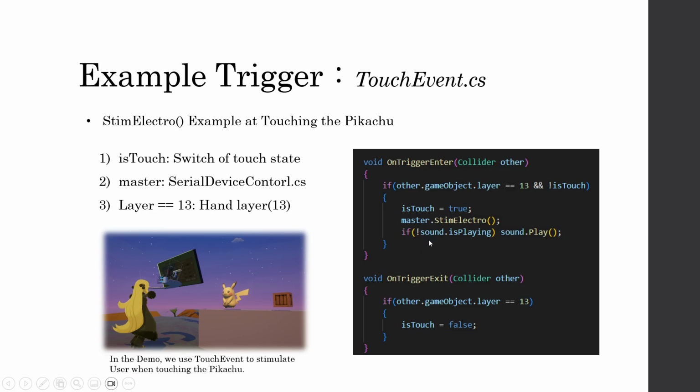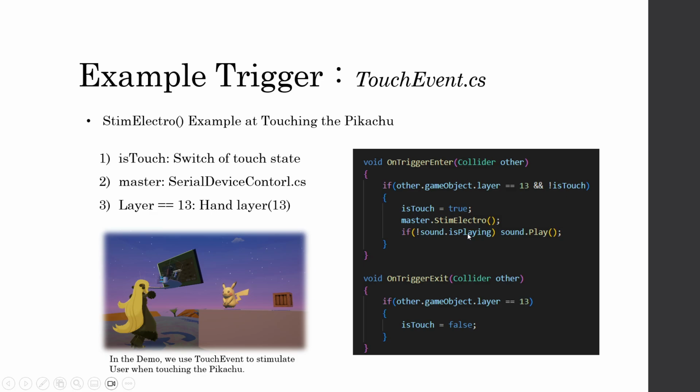When a trigger enters and the trigger object's layer is the hand layer, the switch will turn on and tell the system that you are touching the Pikachu, and you will call the stimulate electro from the serial device control, and play the Pikachu sounds.